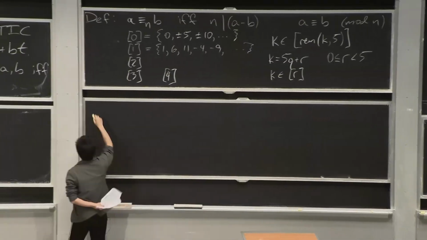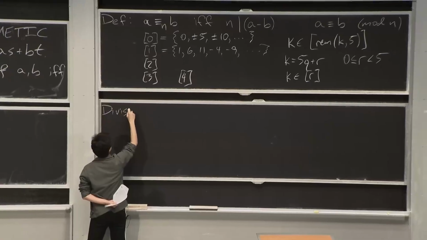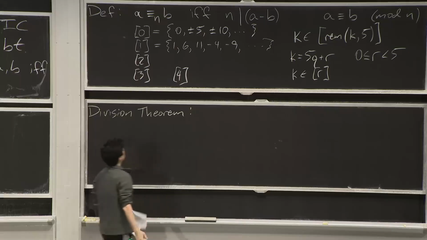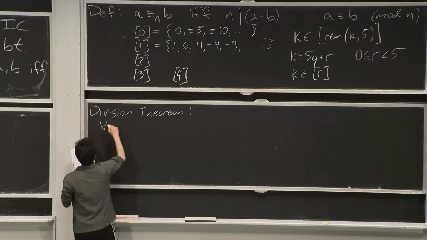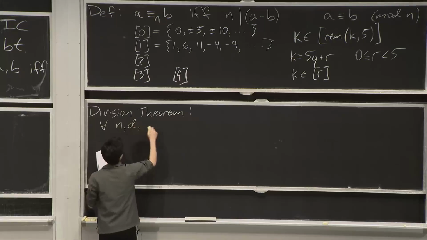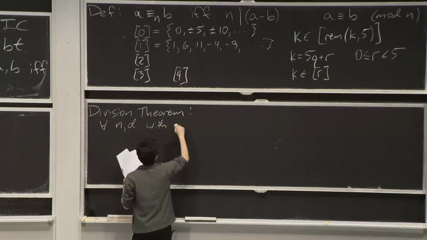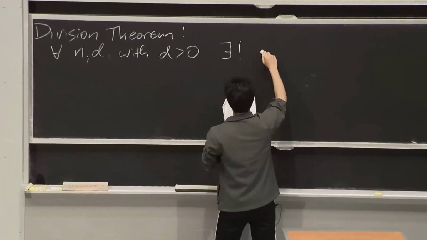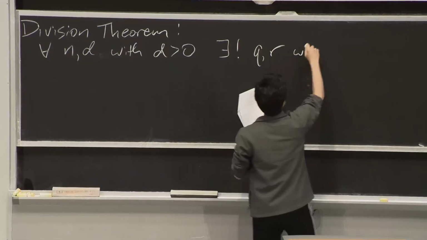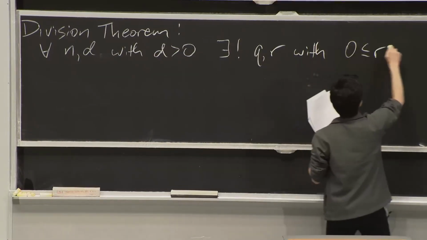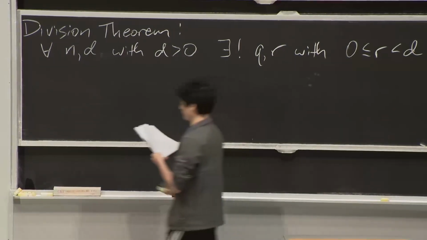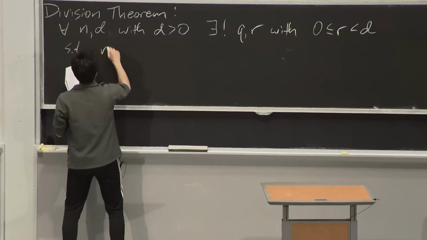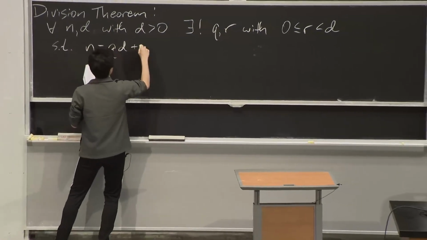So more generally, recall the division theorem. The division theorem says for all pairs n comma d with d greater than 0, there exists a unique pair of integers q and r with 0 less than or equal to r less than d, such that n equals qd plus r.